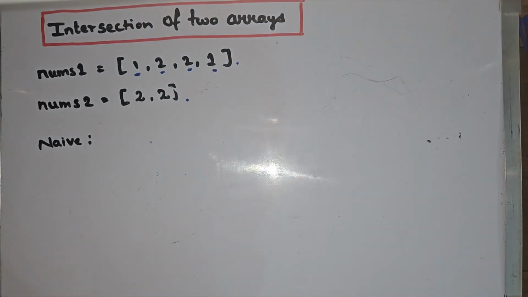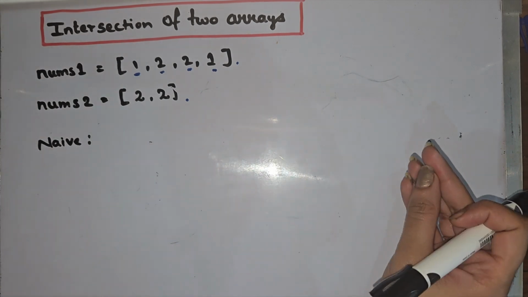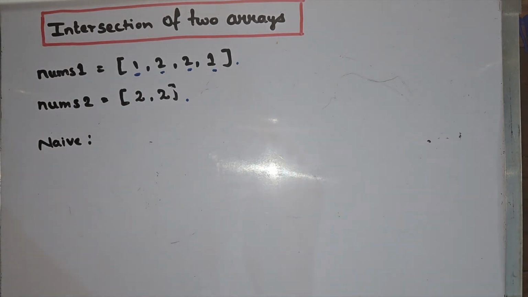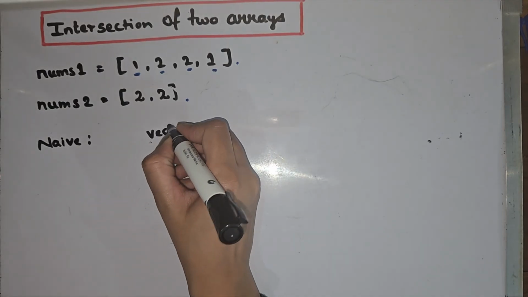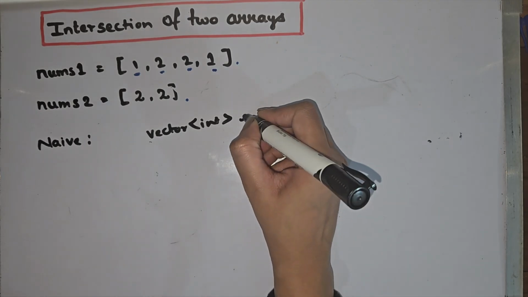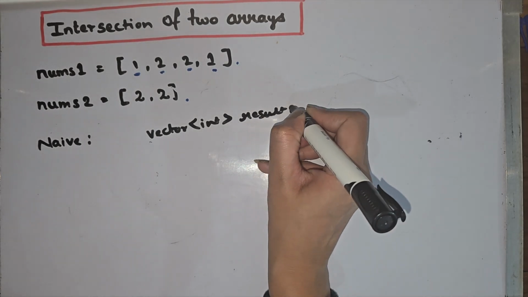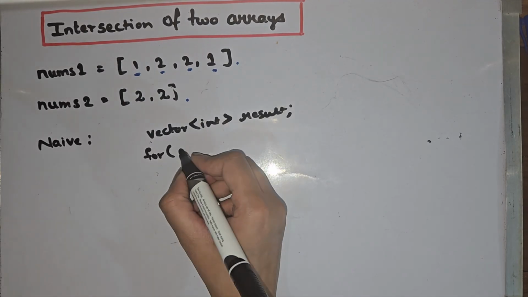So first let's look at the naive solution. For the naive solution, the idea is to compare every element of nums1 with every element of nums2. So we will have two loops for that. We will have a vector for the result. Let's call it result. So we will have one loop here.